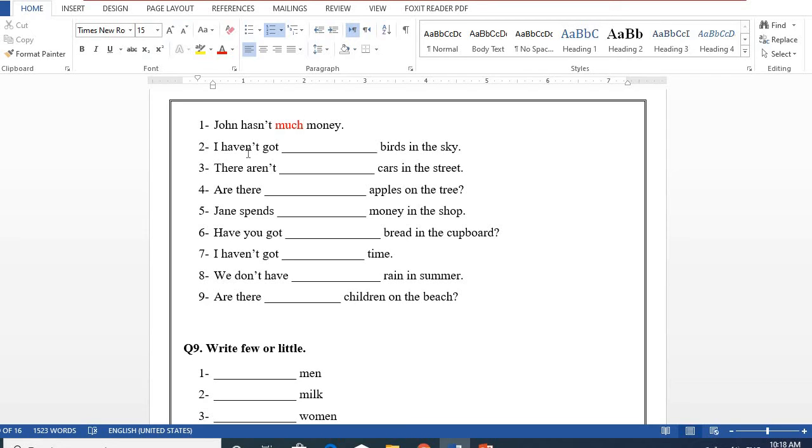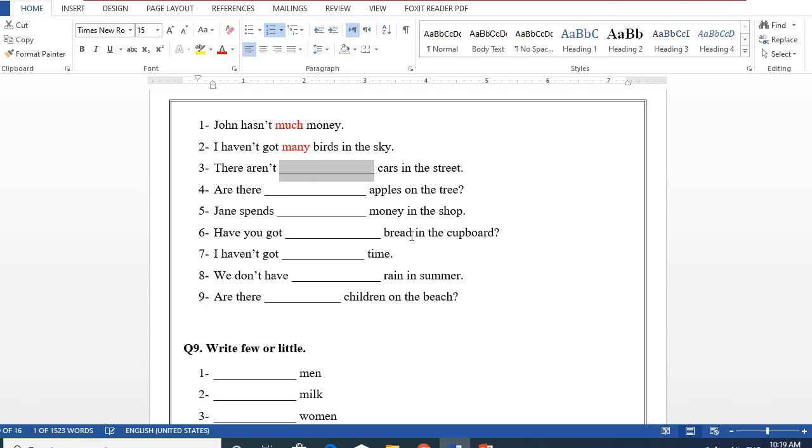Number 2, I haven't got birds in the sky. Birds. It is clear that birds is a countable noun because it is already plural. Countable noun, negative sentence, so I will use many. I haven't got many birds. There aren't cars in the street.